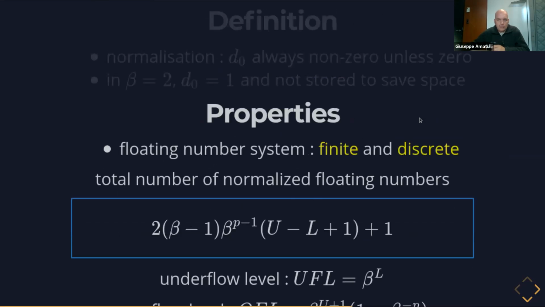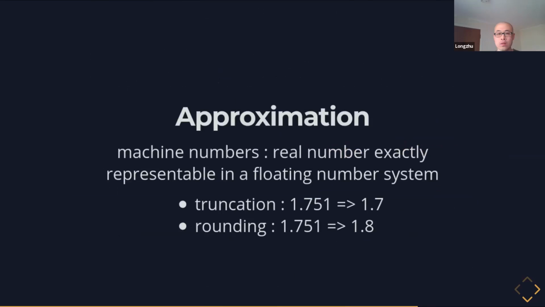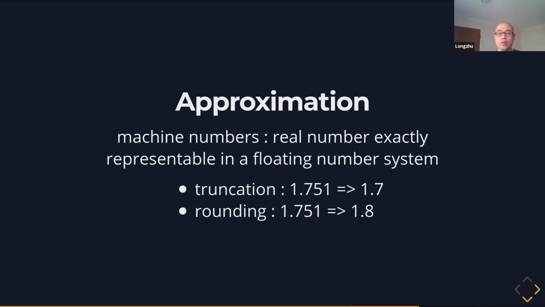So if you cannot represent the number precisely, you have to approximate. There are basically 2 ways of approximation. One is truncation, the other is rounding. Truncation, Giuseppe already showed an example. If you convert a float into an integer, you just cut off whatever is after the dot. In this example, I'm showing rounding: in the first place, you just remove the last 2 digits.